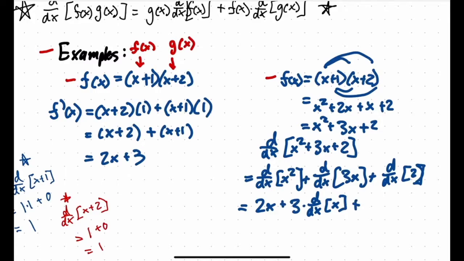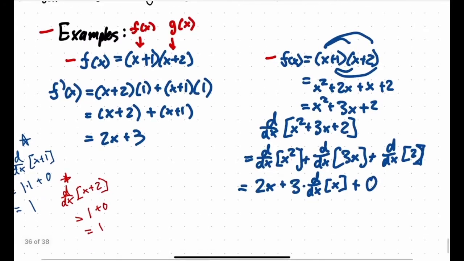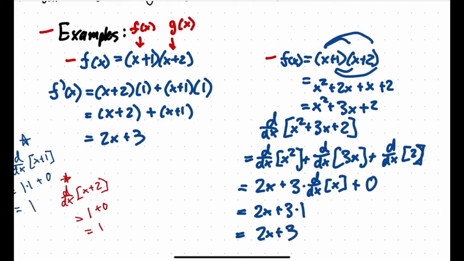Plus the derivative of 2 we already said was 0. And then 2x plus 3 times d over dx of x. x has a power of 1, bring that 1 down, multiply it by x to the 0 is just 1. So the derivative of x is just 1. So this whole thing is 2x plus 3.